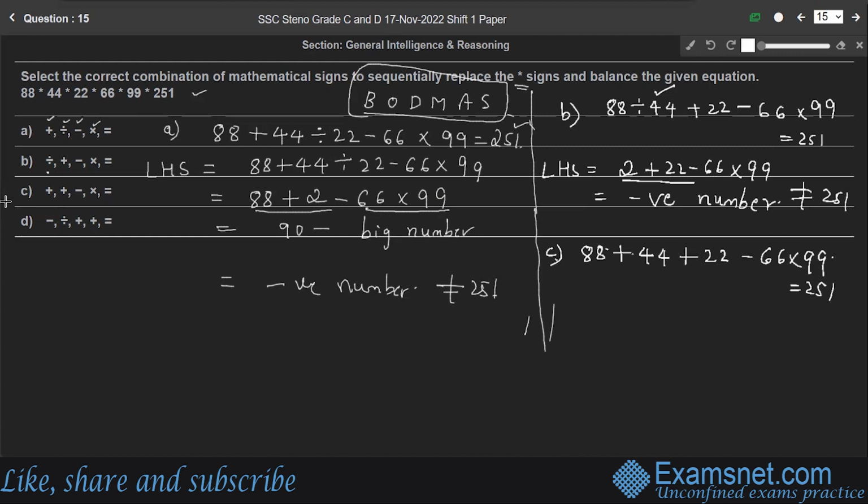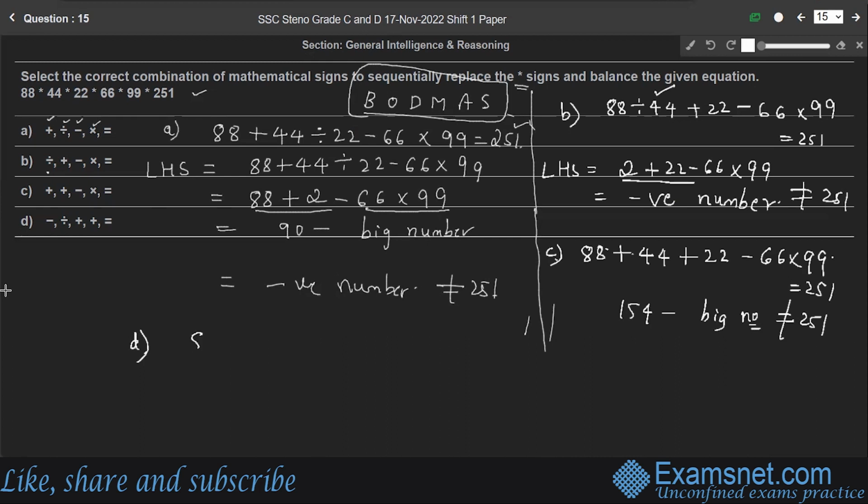So here also you will get a negative number. 88 plus 44 plus 22, so 88 plus 66, right? So you will get 154 minus a big number, which is not equal to 251. No need to go for option C. Directly go for option D.